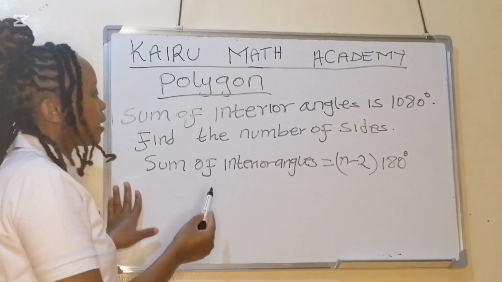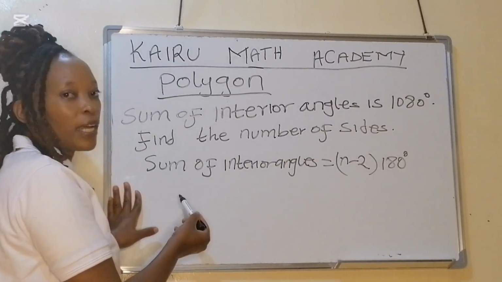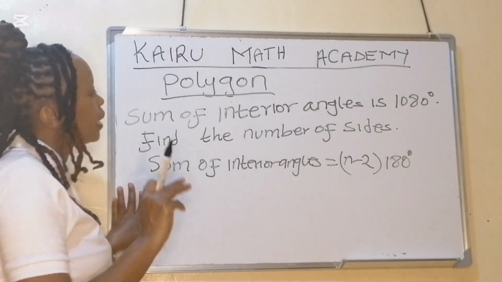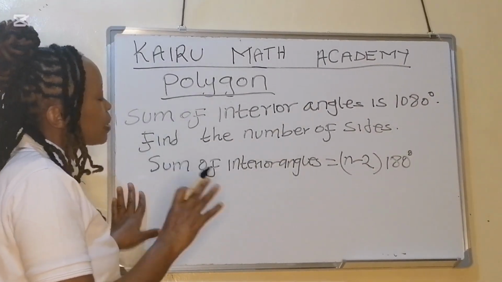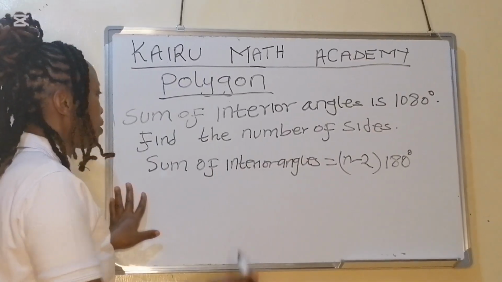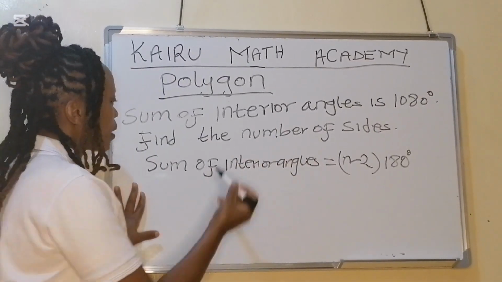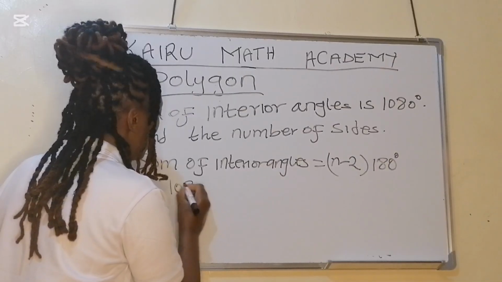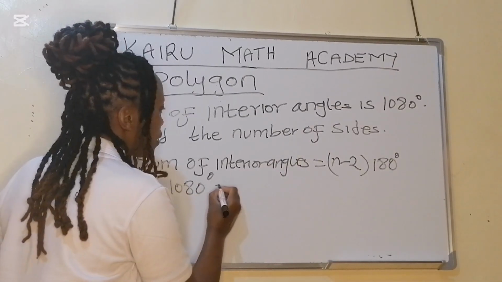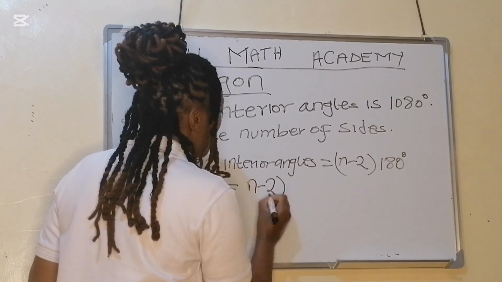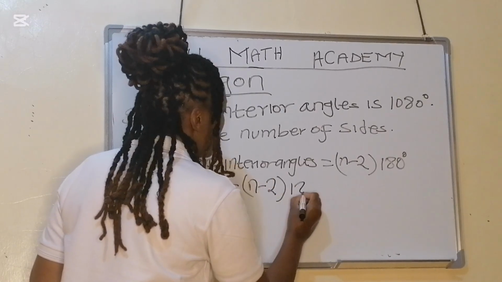But before I chose this formula, I just wrote down all the two formulas. Then I looked at the information that has been given. Then I chose this formula depending on the information that has been given here. So sum of interior angles, we know it is 1080. We replace there. 1080 degrees is equal to, we don't know n, that is what we are looking for. We are looking for n, number of sides.